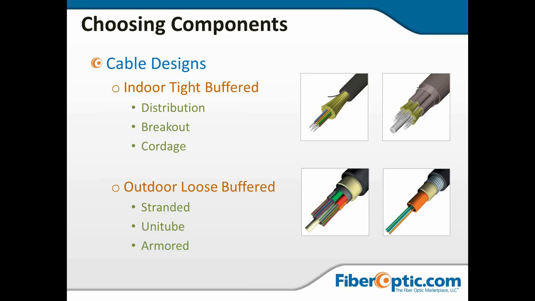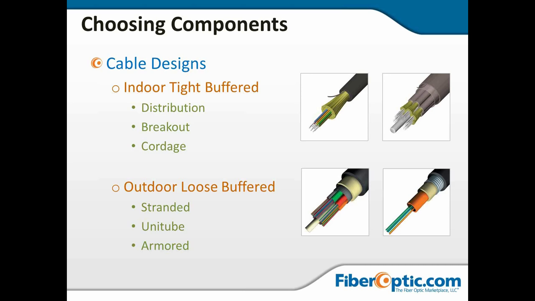Now for outdoor cable, we're going to be looking at loose tube, loose buffered cable. We can look at stranded or unitube, and then armor is going to be one of the possible options on either of these.